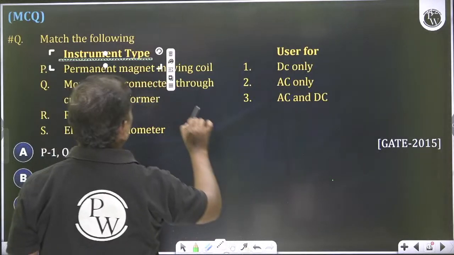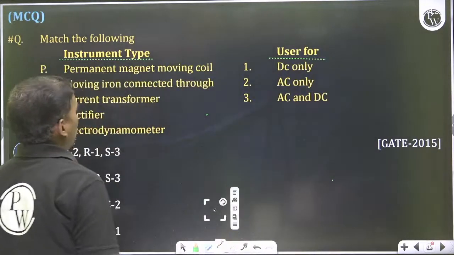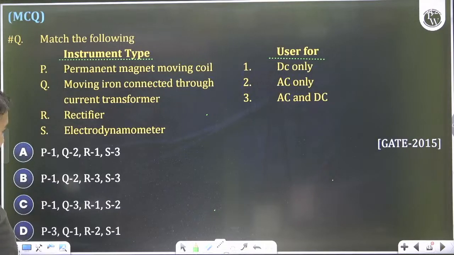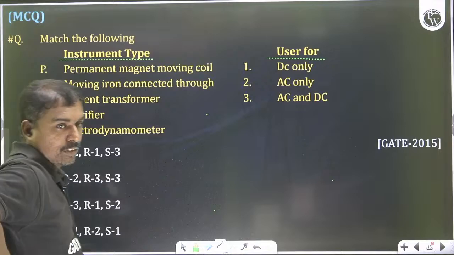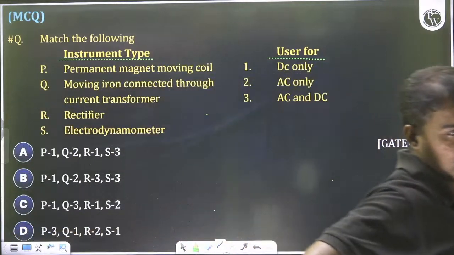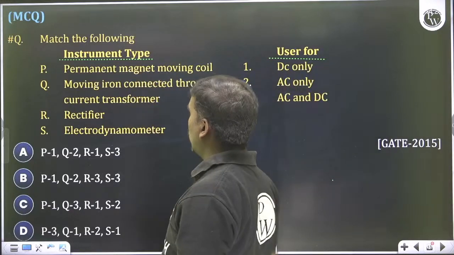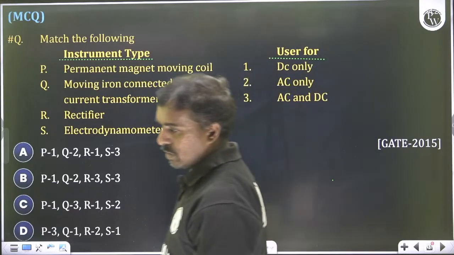Instrument type is given this side: permanent magnet moving coil, moving iron connected through current transformer, rectifier, electrodynamometer. So try to answer this question. I'm expecting the answer from anyone. Very good question. See here, there are 4 instruments, 1, 2, 3, 4, but here are 3 applications.